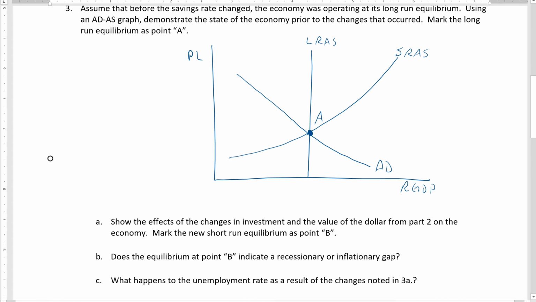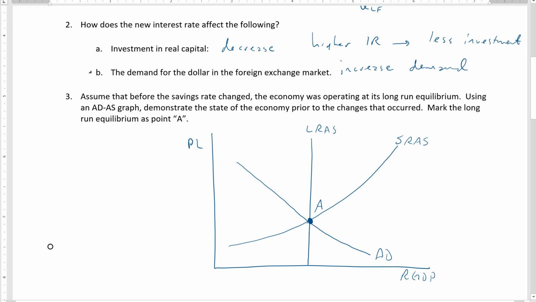So far, so good. All right, part A of number 3. Show the effects of the changes in investment and the value of the dollar from part 2 on the economy. So let me go back to that part 2 about the dollar. So there's going to be an increase in demand for the dollar, which means the dollar will appreciate. And when the dollar appreciates, U.S. exports will decrease. Okay.